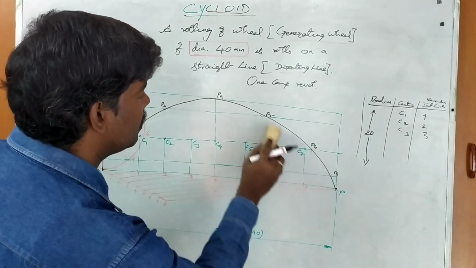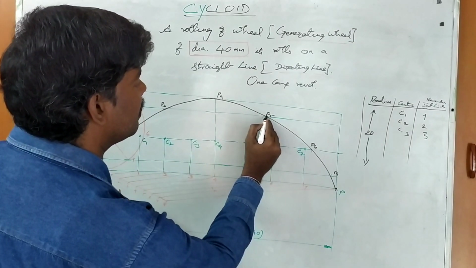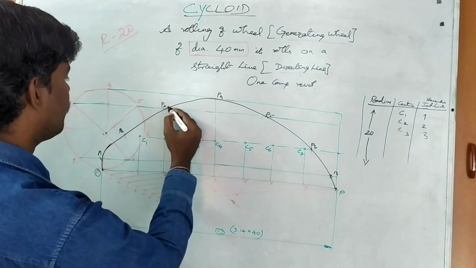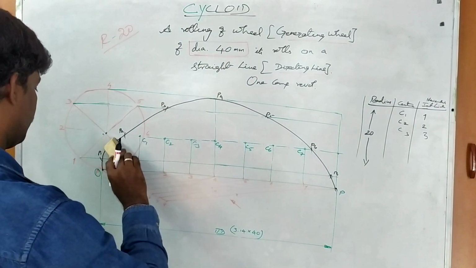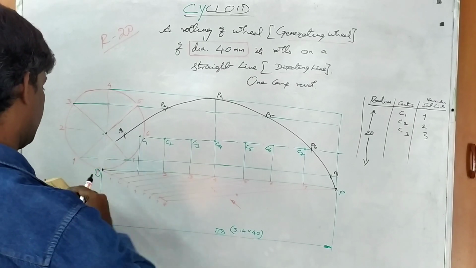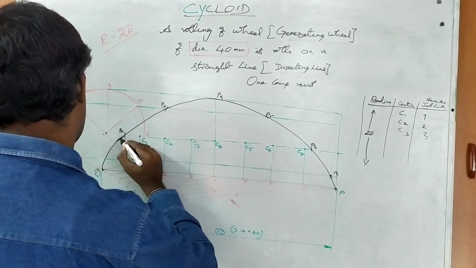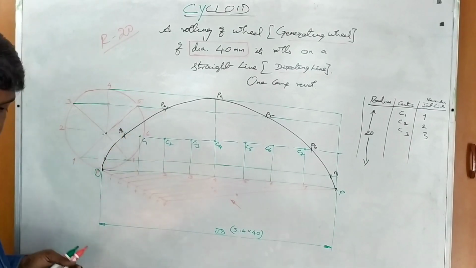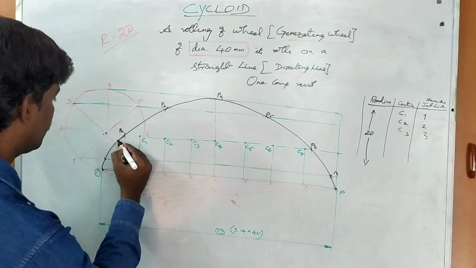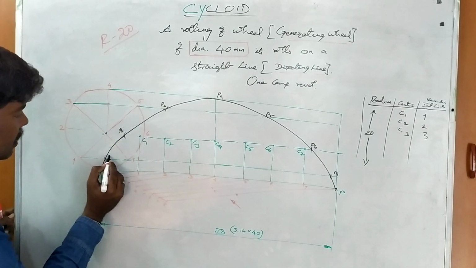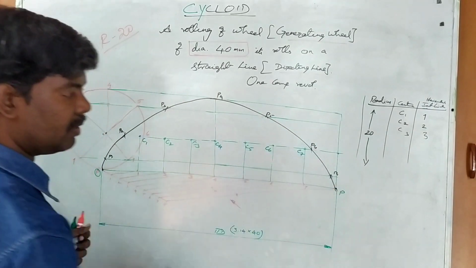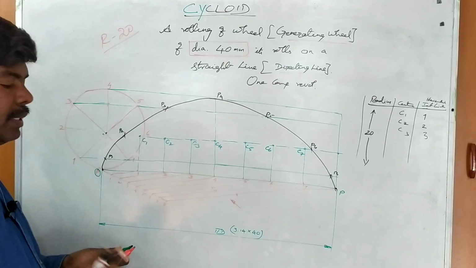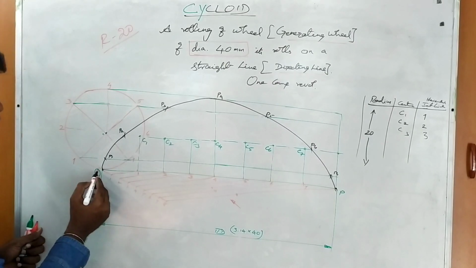Let us assume approximate is fine. Like this. Okay. So this is P1, P2, P3. So you join all. So this is the cycloidal curve. Clear? Okay. So the starting point is P.